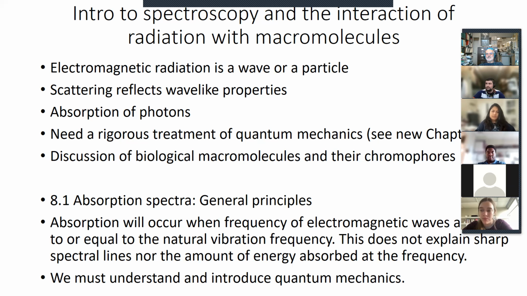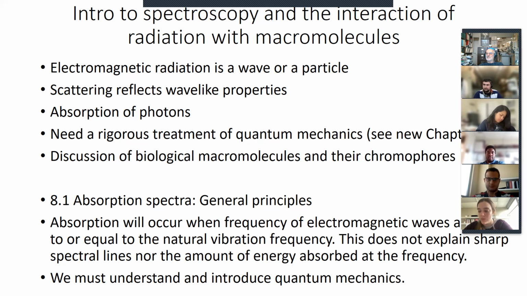But it's basically the same concept as what we would talk about in the wave properties of light and how light is scattered and what its wavelength dependence is, okay? Otherwise, light is actually a particle, and this has to do with the fact that the light can be absorbed by whatever it's interacting with, okay?